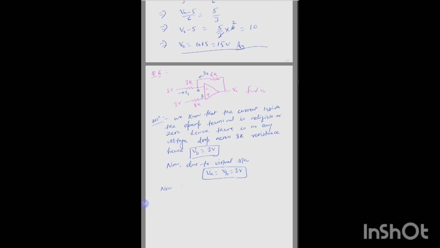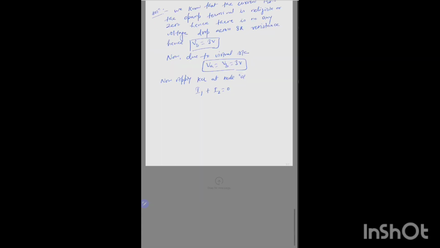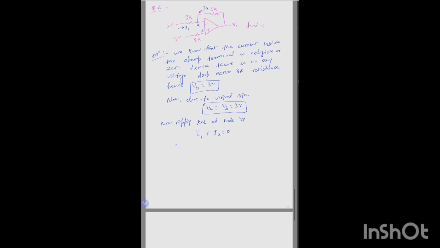Now apply KCL at node A, that is I1 plus I2 is equal to 0. What will be I1? I1 is equal to 1 volt minus VA upon 3, plus I2 is equal to V0 minus VA upon 6, is equal to 0. And VA is equal to 3 volt: 1 minus 3 upon 3 plus V0 minus 3 upon 6 is equal to 0.